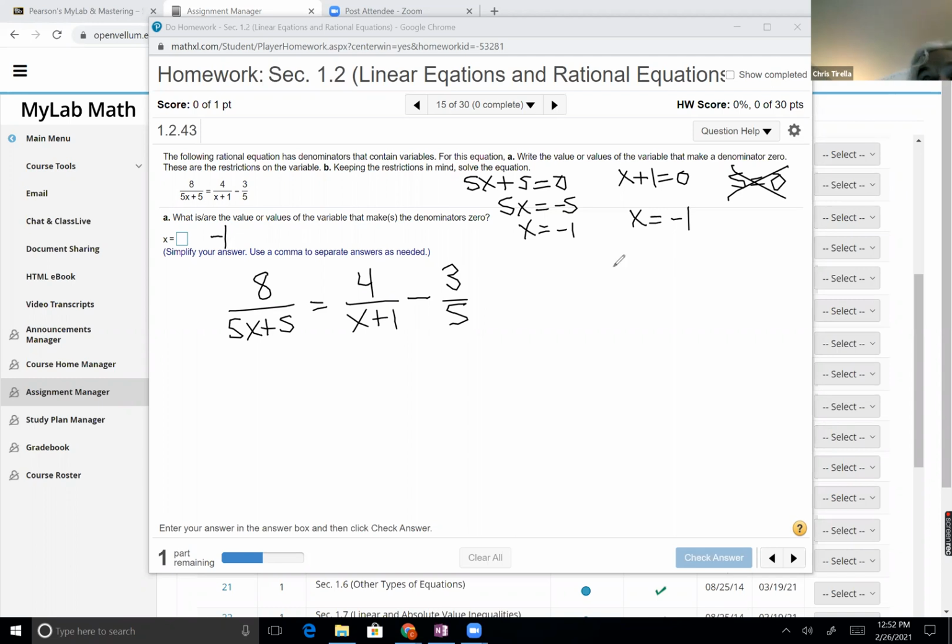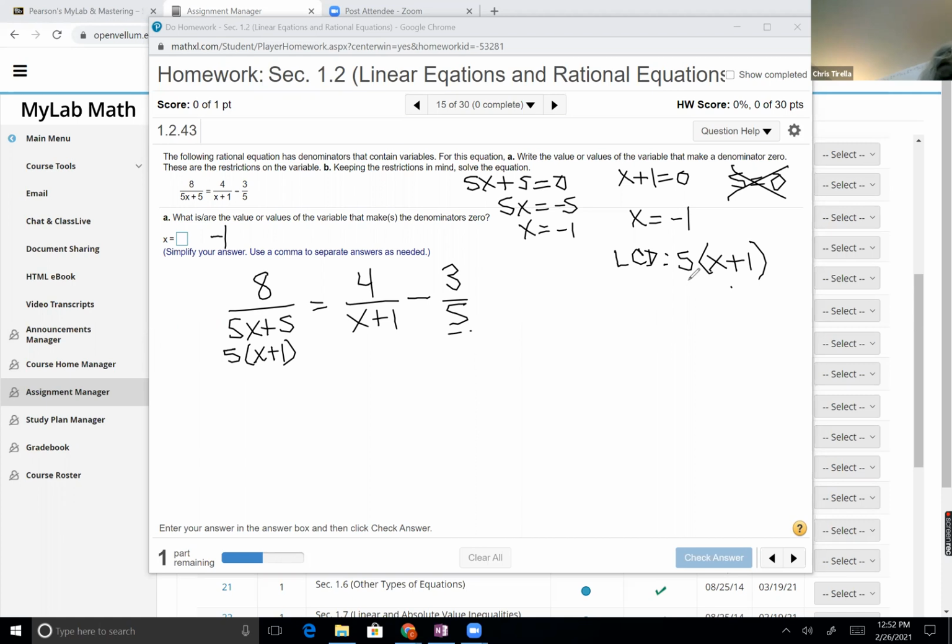Then, just like the last problem, to clear the fractions, we want to find the lowest common denominator. To do that, I'm going to factor this first denominator, 5 times x plus 1. And so my common denominator will need a factor of 5 and a factor of x plus 1. And then over here, well, we've already got that factor of x plus 1.